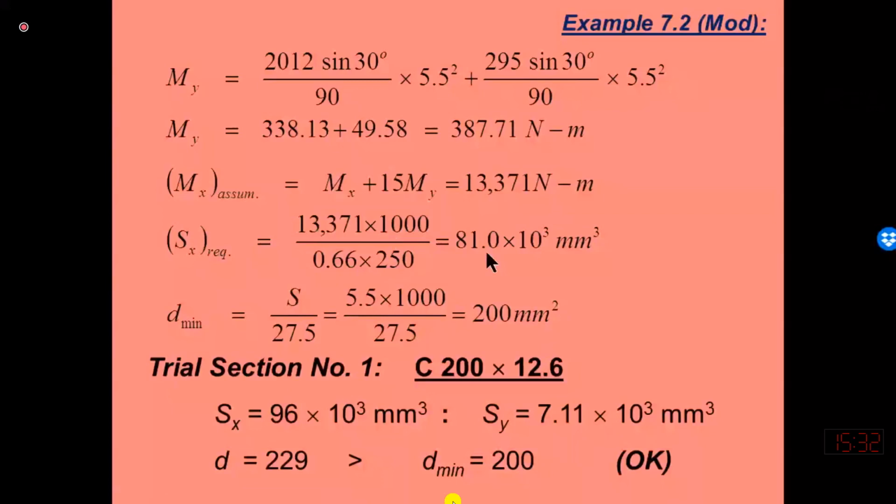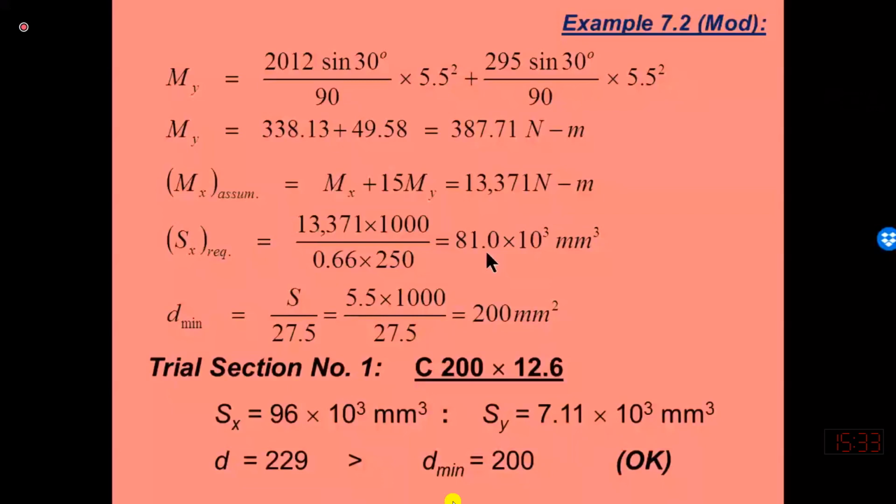I think the tables are given from page number 69 backward. I want to select a section whose section modulus about the x-axis is more than 81.